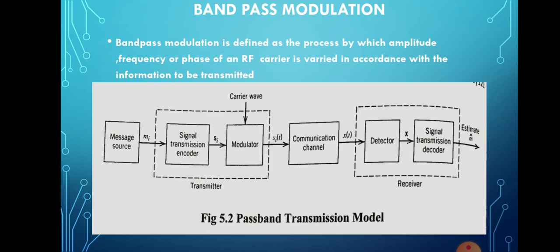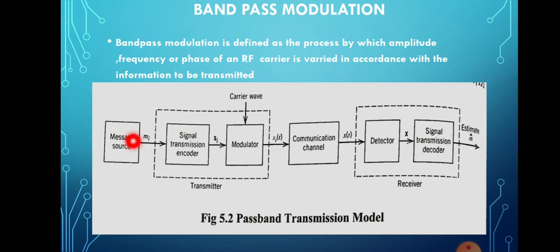The carrier behavior is varied in accordance with the information signal. Here the amplitude, frequency or phase of the RF carrier is varied in accordance with the information to be transmitted.